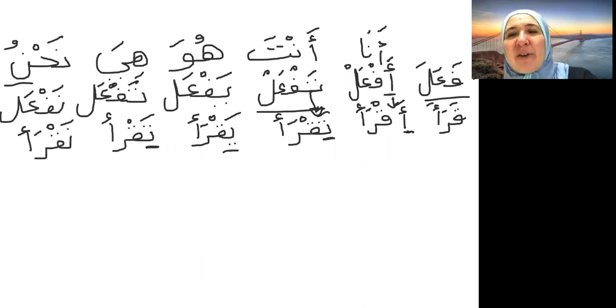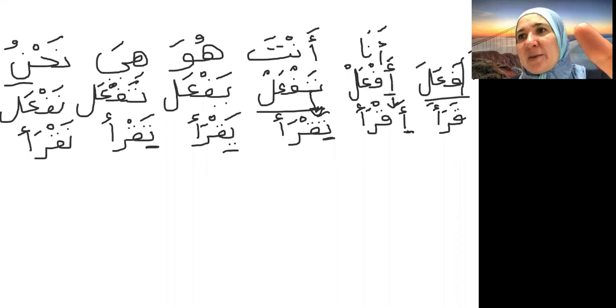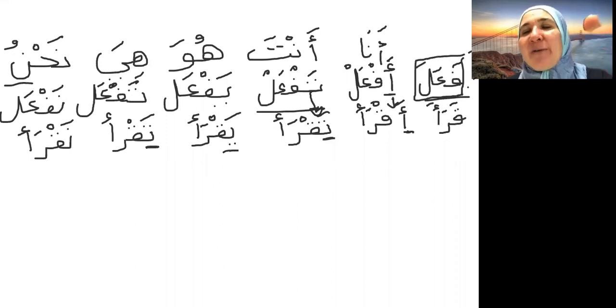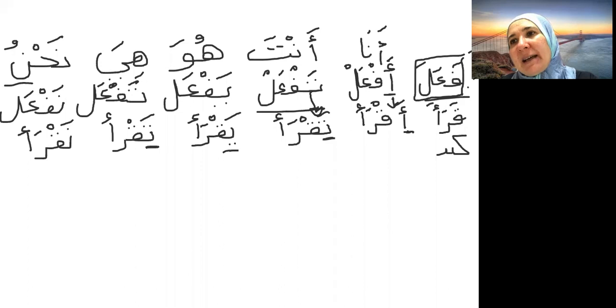The second verb we're gonna learn, because we learned read, we're gonna learn write. Write in Arabic is the same rhythm, 3 letters on the same rhythm of فعل, قرأ, then كتب.